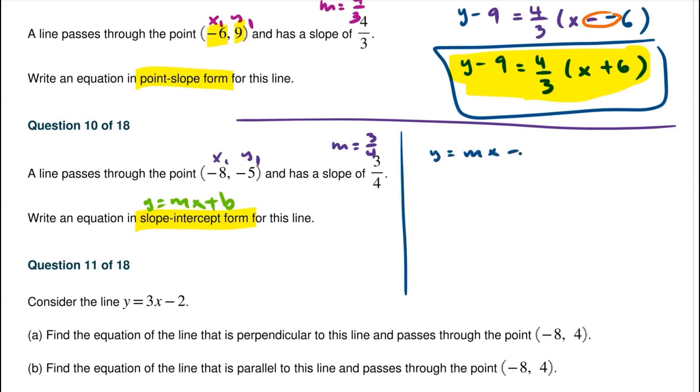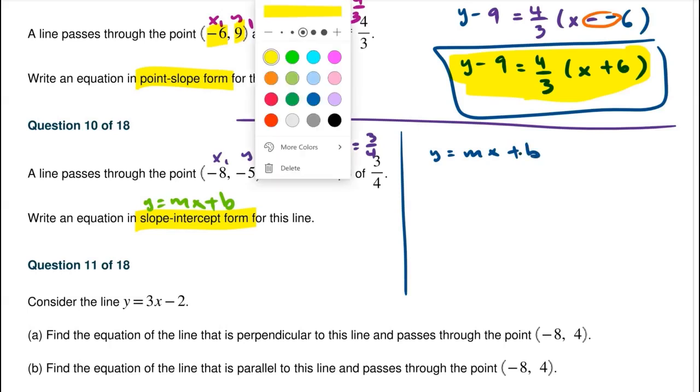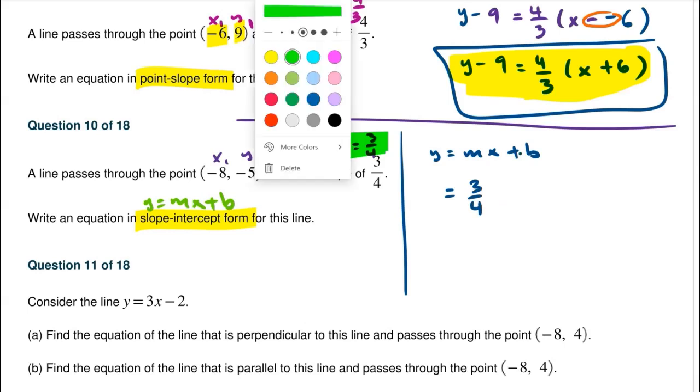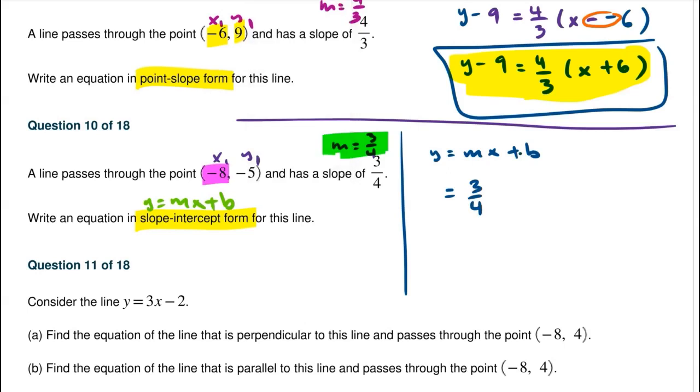y equal to mx plus b. Where's your m? m is 3/4, so we replace m by 3/4. The x and y can be replaced with -8 and -5. So x will be -8 and y will be -5, plus b.